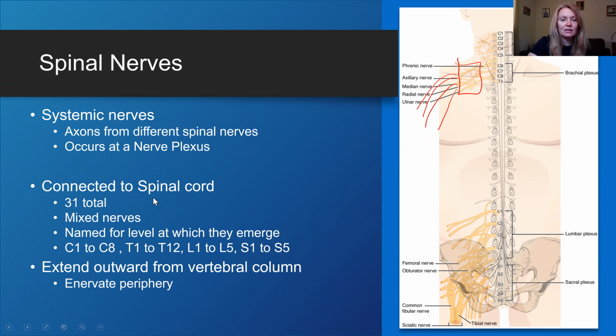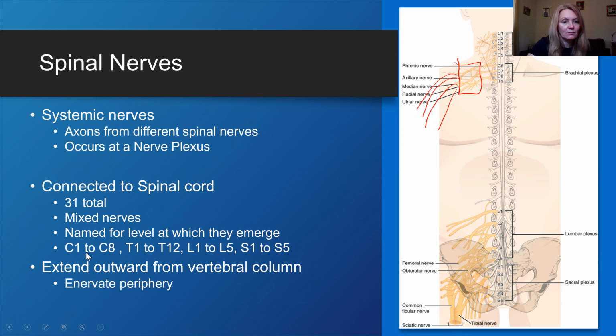All spinal nerves are connected to the spinal cord. We have 31 pairs total. They are all mixed nerves, so they have sensory and motor nerve fibers, and they are named by the level at which they emerge.